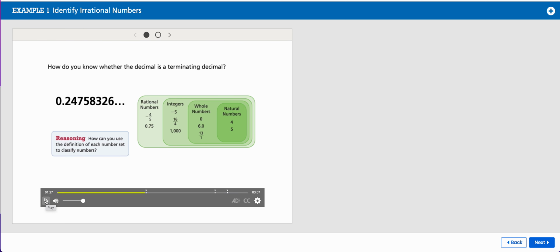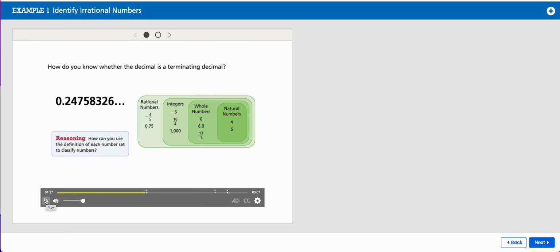Those two are all rational numbers. Not all rational numbers are integers, but all integers are rational numbers, right? And then you've got whole numbers and you've got natural numbers. Natural numbers, think of those as the numbers that you count with. If I ask how many students are in this room, or how many blue cars are in the parking lot, or how many Oreos did you eat at the party, those are all numbers you can count. 1, 2, 3, 4, 5, 6, 7, right?